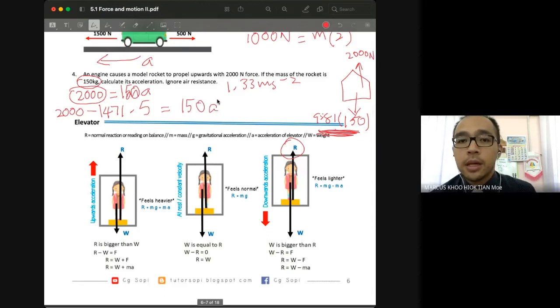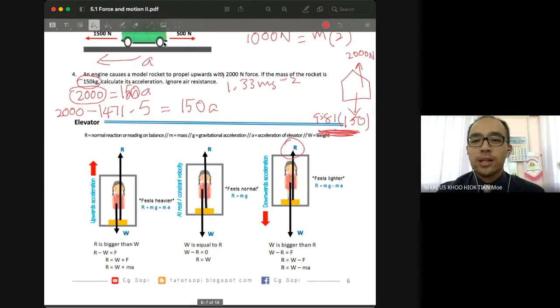Don't worry about getting this wrong, but I want everybody to learn from this. It looks like a very simple question, right? But actually this question tests whether you remember that if there's a force upward, there must be something pulling it downward, because that is the law of our universe.